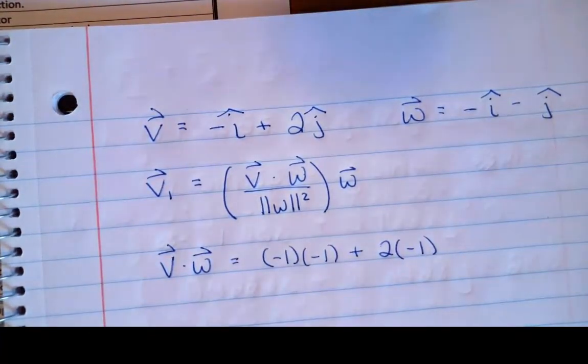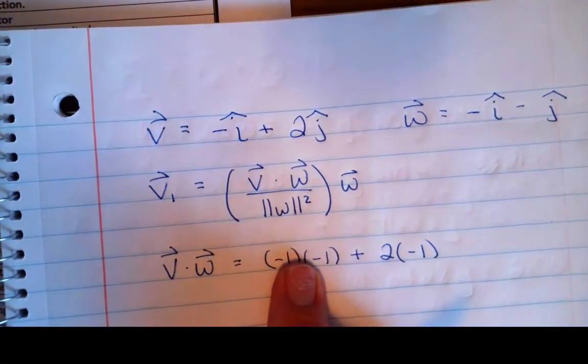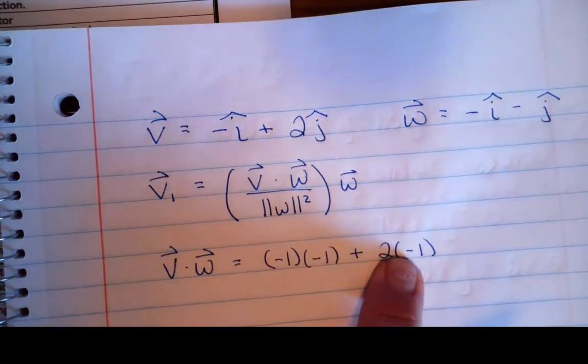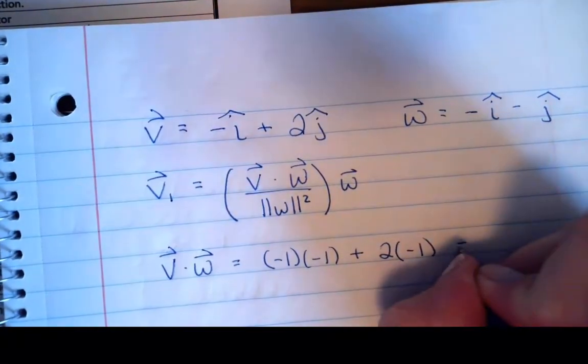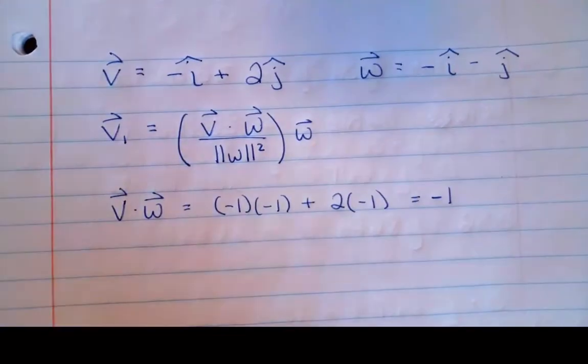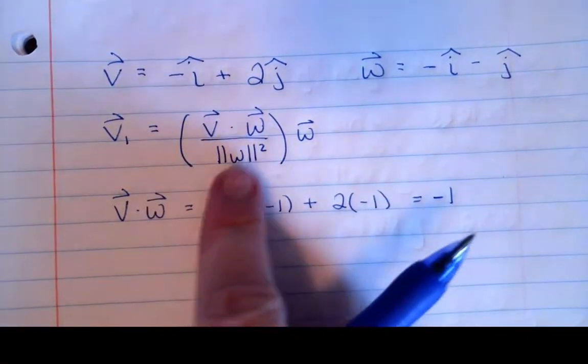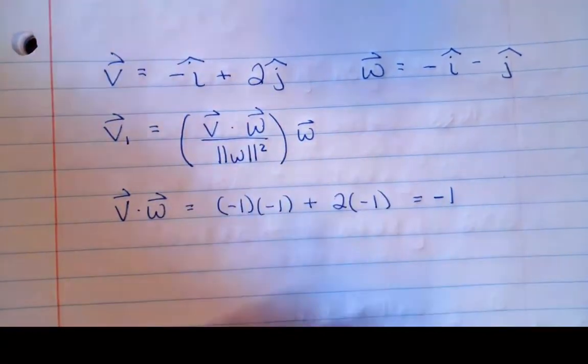Okay, so a negative 1 times a negative 1 gives me a 1, and a 1 minus 2 is going to be a negative 1. Okay, so we've got a negative scalar, and we're now going to take that through after I divide by the magnitude squared.